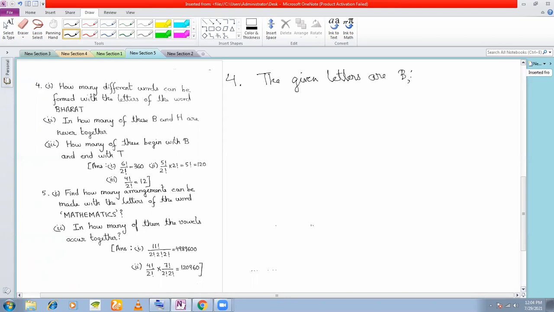B, H, A, R, A, T. And how many ways can you arrange? Can you tell me? Number of different words that can be formed from the above letters?